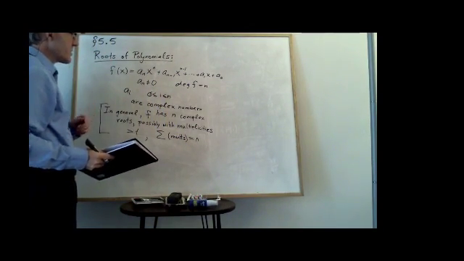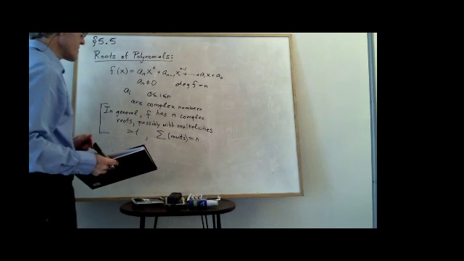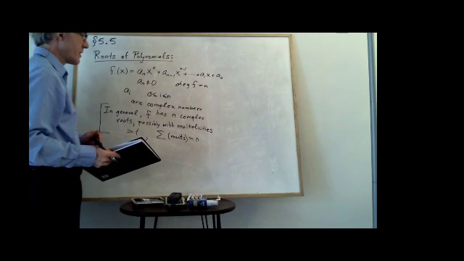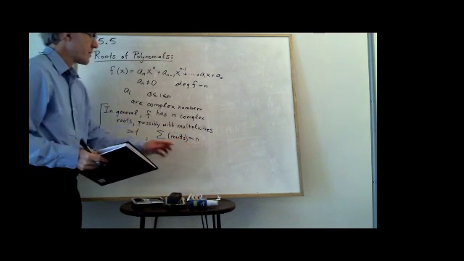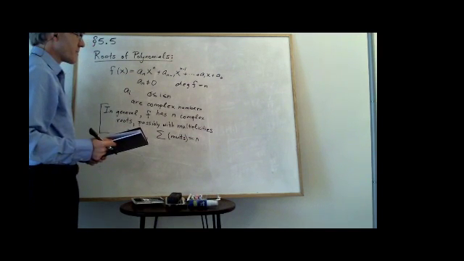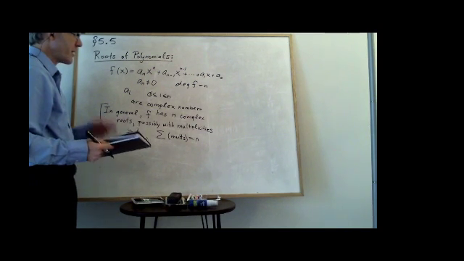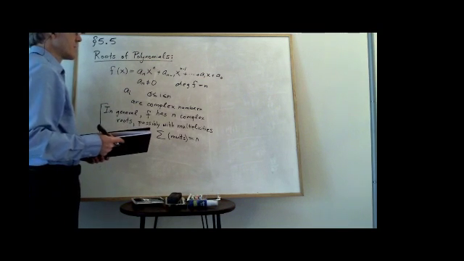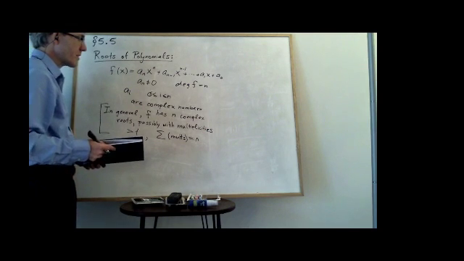Now there might not be any real roots. Actually, there are cases where you don't have any real roots at all. But the most number of real roots you can have is n. You can have the full number of roots, or it would be less by multiples of 2.